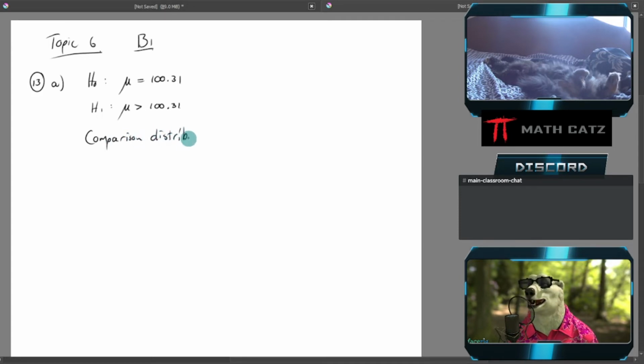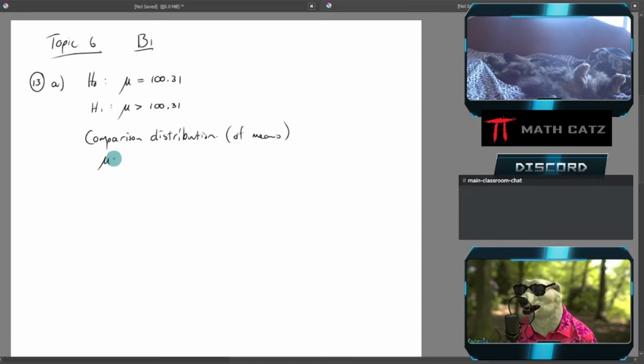The comparison distribution is, like before, the distribution of means, which has our mu M the same as mu under the null hypothesis, so 100.31. And our approximate standard deviation is now going to be S to indicate that we're approximating it, not sigma, the true population standard deviation. We don't know it.